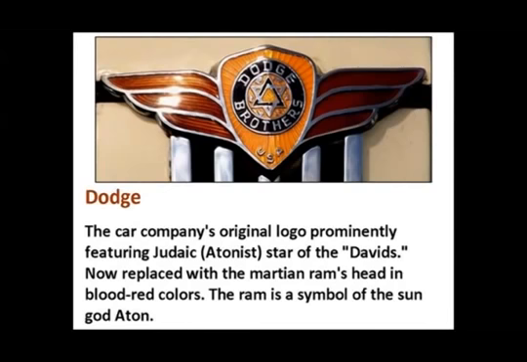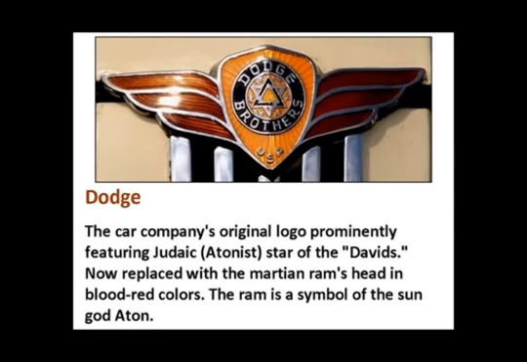Here's the original symbol of the Dodge Company of America. We've been talking about the takeover of America and how the various corporations are employing this Masonic symbolism and Atonist symbolism. Well, the car company's original logo prominently featured Judaic or Atonist Stars of David. Now that's been replaced with the Martian ram's head in blood red colors.